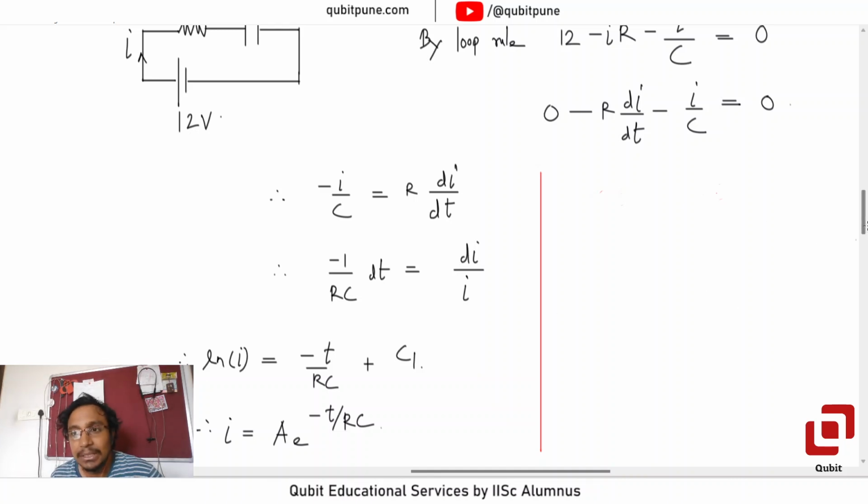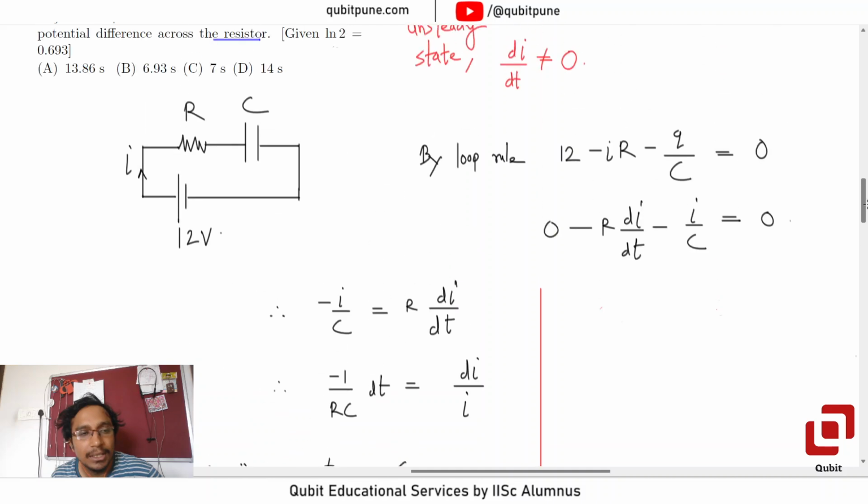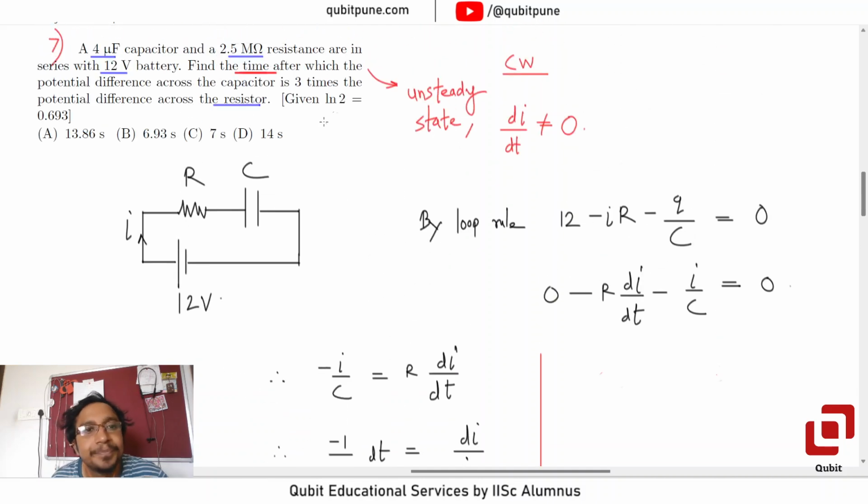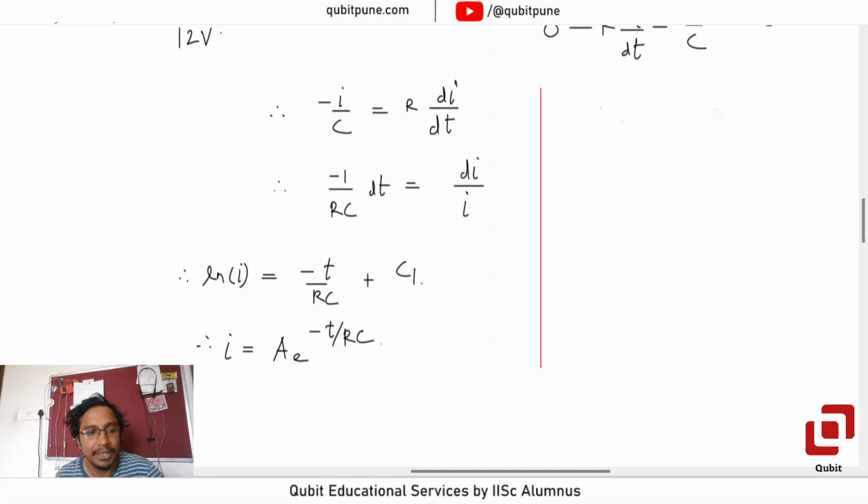Now tell me, what will be the potential difference across the resistor? Potential difference across the resistor will be IR. So that will be A R e to the power minus t by RC.